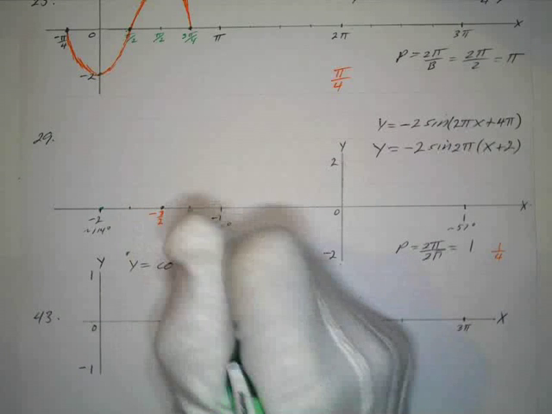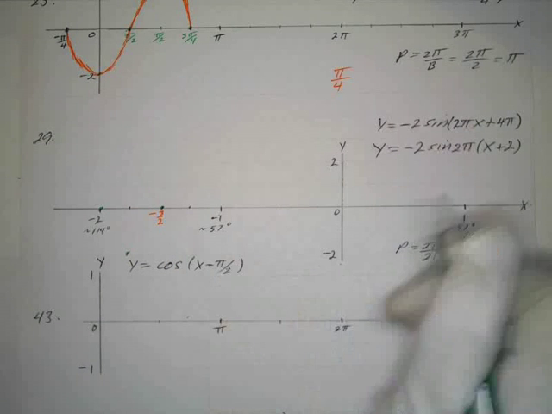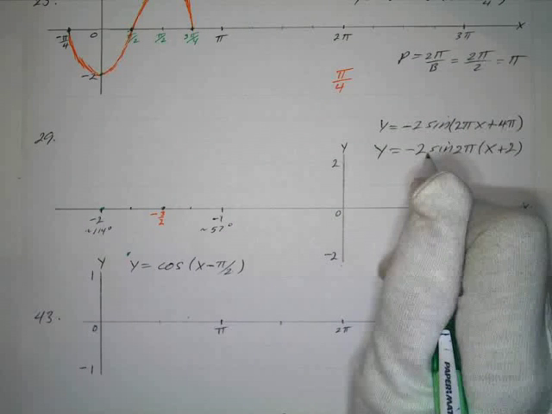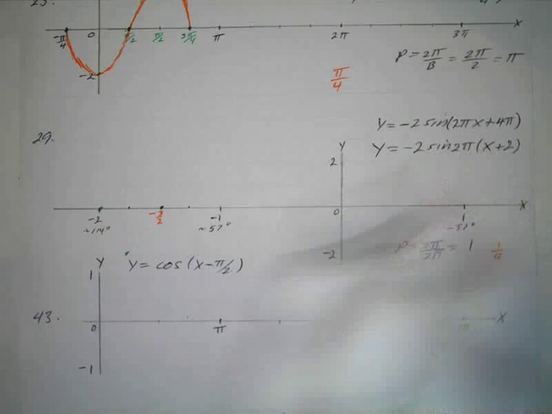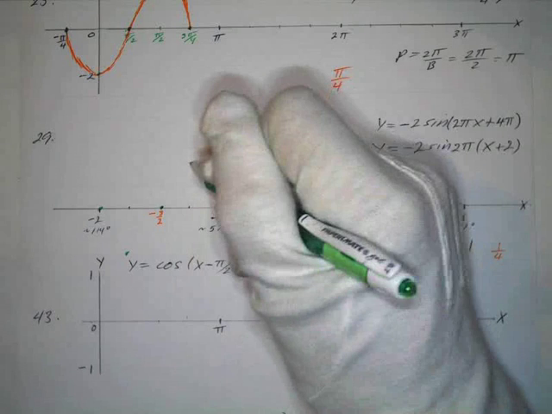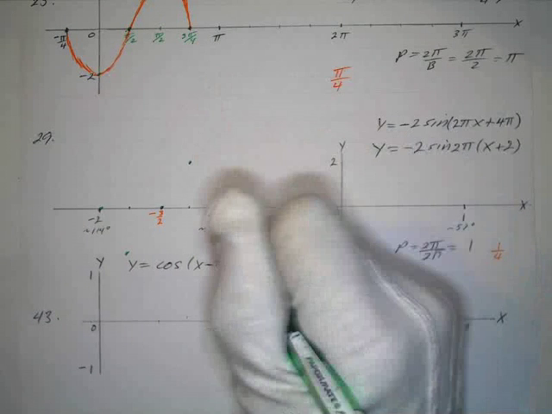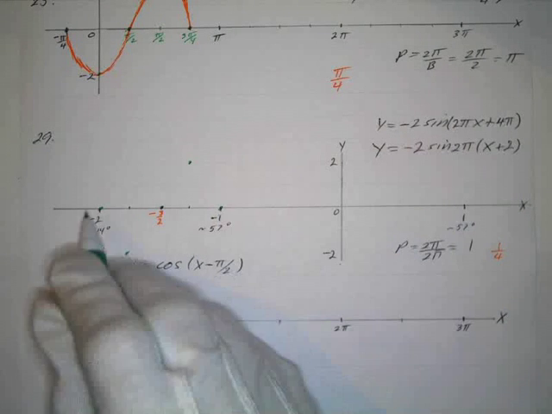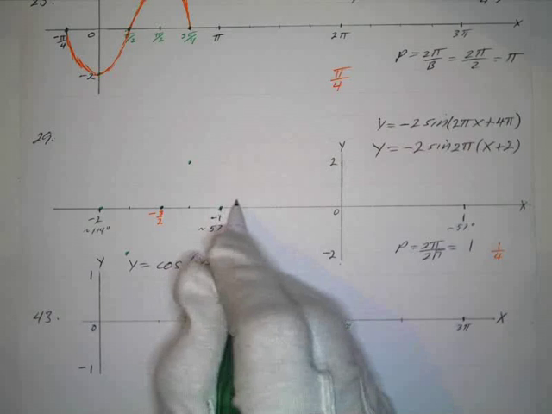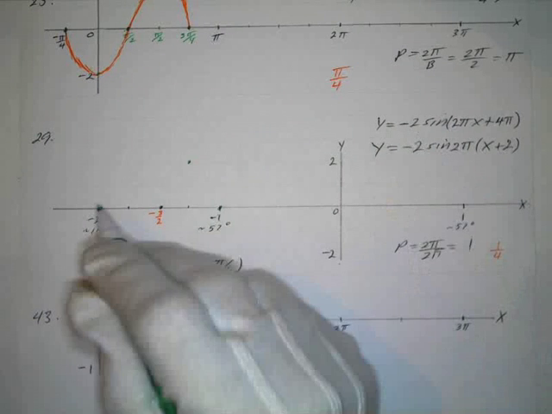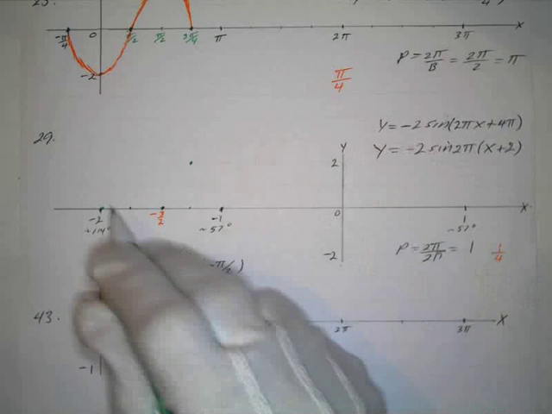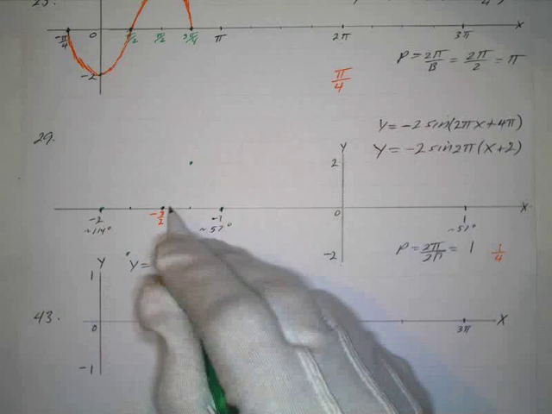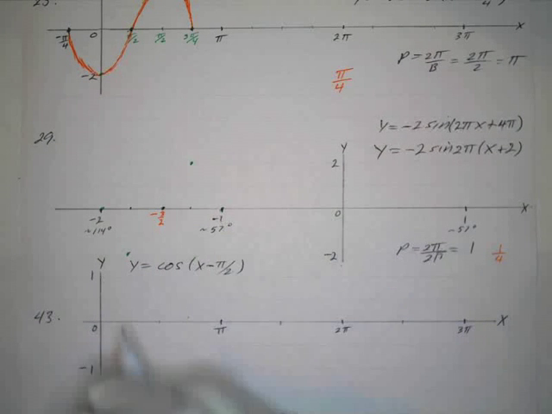I go back to 0, and then negative 2 times negative 1 is positive 2, so I'll go up 2. And then back to 0. Now the nice thing is the zeros are always the same. And again, if this was just a positive 2, I'd be going up 2, 0, down 2, 0. But here, because it's negative, I'm going down 2, 0, up 2, 0. And there you go. So those are your 5 points.